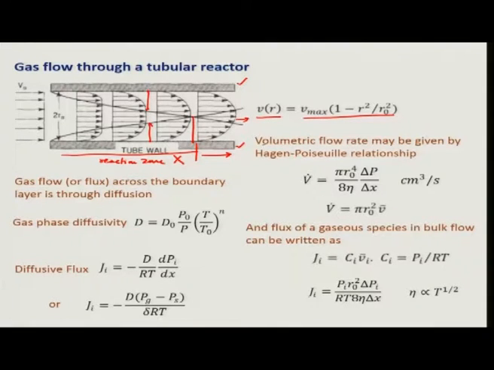Now, for volumetric flow or bulk flow away from the boundary layer, the volumetric flow rate is given by the Hagen-Poiseuille relationship, which is shown here, okay, which depends on the pressure gradient. So, the higher the pressure gradient, because these gases are flowing in a pressure gradient, right.